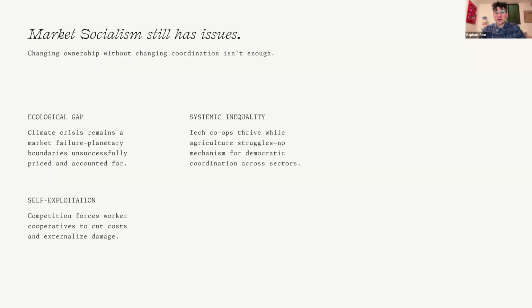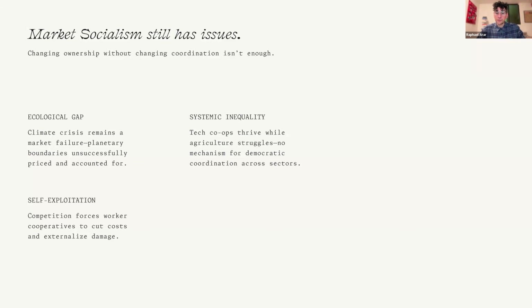But the TLDR is that when cooperatives compete, they face the same pressures that firms do today: to cut costs, extend hours, and suppress internal dissent, as any firm in a competitive market does. The fact that the workers own the firm doesn't always change the logic of the market they're in. They're still operating in this market. It just means they're doing the exploitation to themselves. So slightly better, but still runs into challenges.